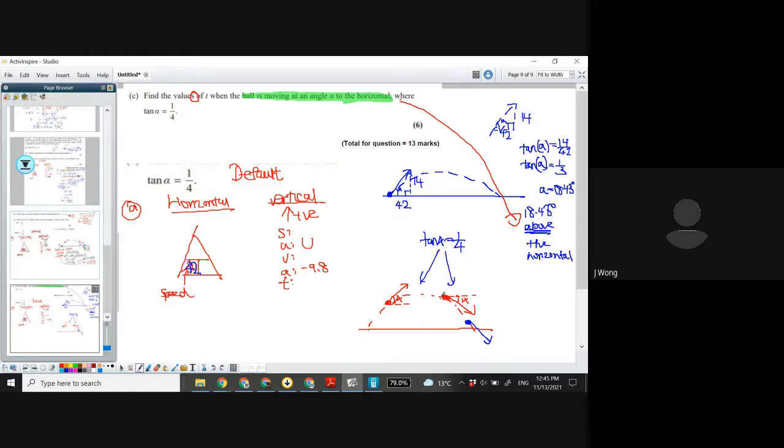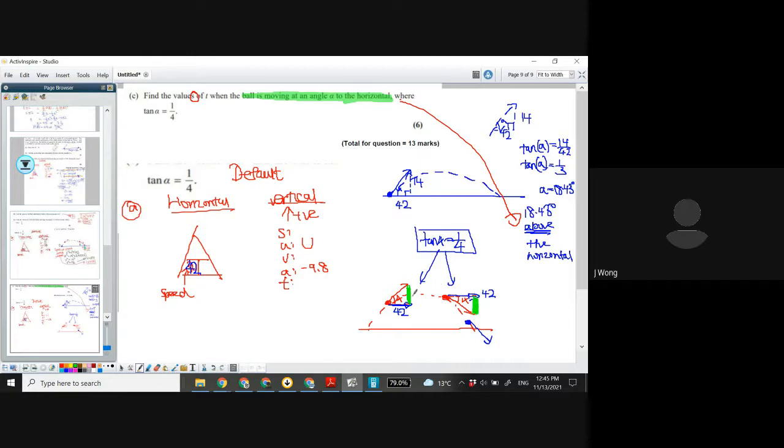The horizontal component has to always stay constant at 42. So the only thing that could change to construct the direction of motion with the property tan alpha equals a quarter is this vector.